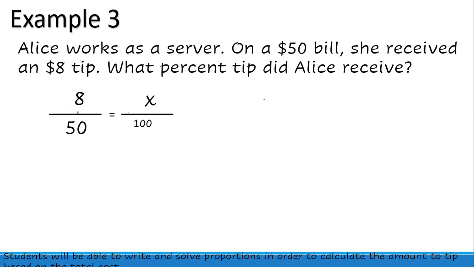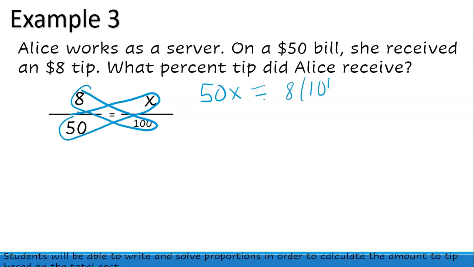And we cross multiply. So 50 times X is 50X equals 8 times 100. And then we'd use the strategy that Cameron taught us. Multiply 8 times 100, which is 800. So 50X equals 800.